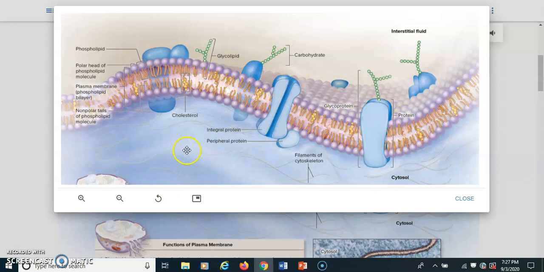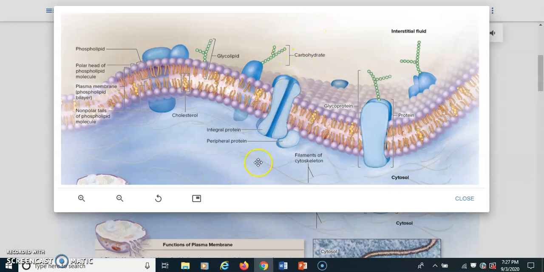So if given the chance to move across the plasma or cell membrane, they're going to want to move from the area where they're in higher concentration to the area where they're in lower concentration. With sodium, remember, it is higher outside the cell and lower inside the cell. So sodium would want to move, if given the chance, into the cell.